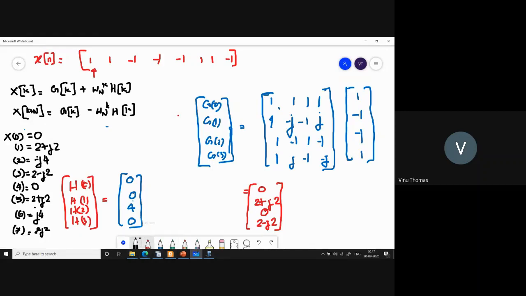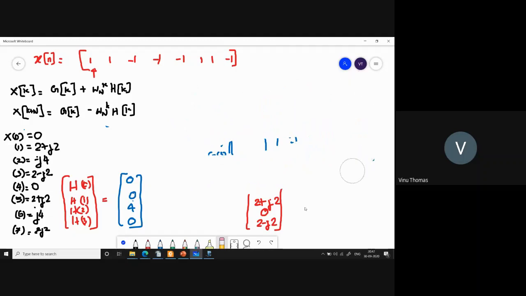So let us see what the property is for the n/2th sample and the 0th sample. The value of N can be anything. N can be 3, 4, 5, 6, 7, 8, etc. Any value.